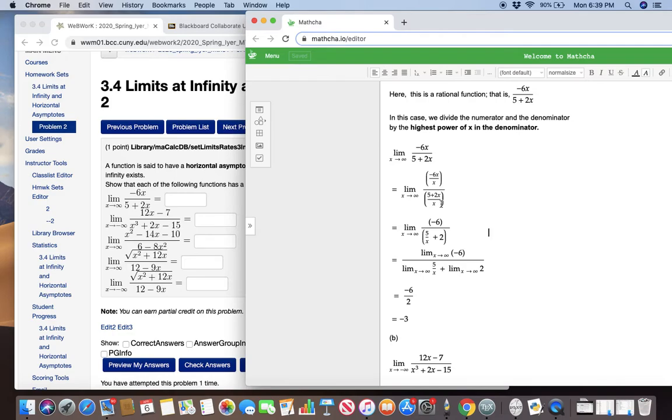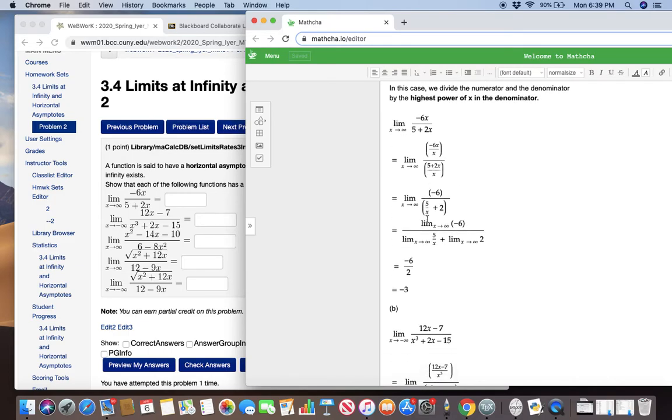So what happens? Division distributes. Negative 6x over x is simply negative 6. Downstairs, I get 5 over x plus 2x over x, which gives me just a 2.